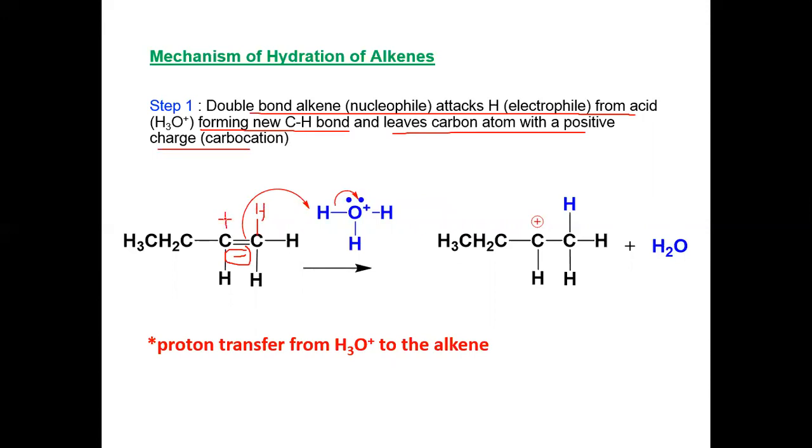Sini akan jadi carbocation sebab double bond dah terbuka. So this is the first step of your reaction. A secondary carbocation. Proton transfer from hydronium to alkene. Seketul proton ni saja yang akan masuk dalam alkene tu. So the rest akan jadi water balik.